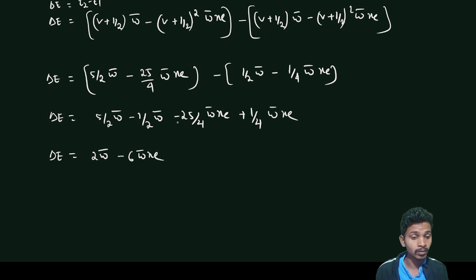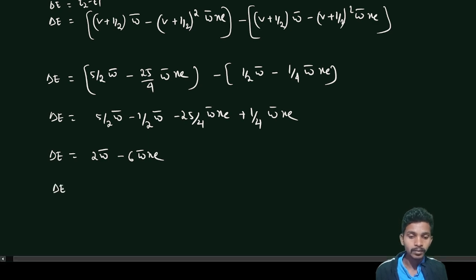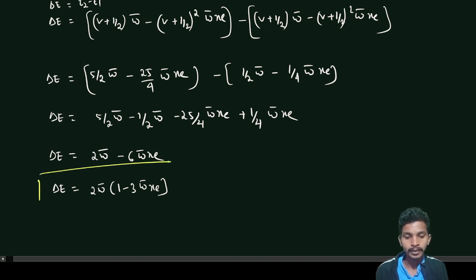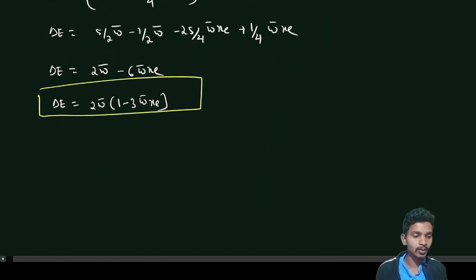So delta E is 2 omega, and I can put 2 omega common, then 1 minus 3 omega xe. Okay, so this is the energy gap for the first overtone. Similarly, for the second overtone also we can go, so let's calculate for the second overtone also.